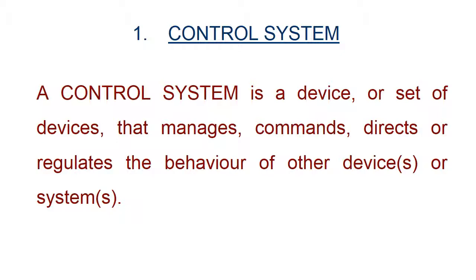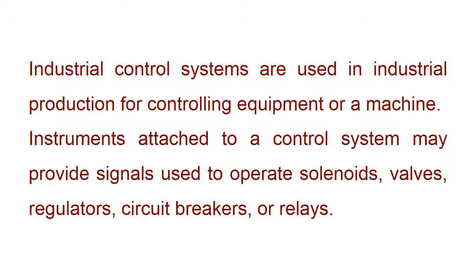A control system is a device or set of devices that manages, commands, directs, or regulates the behavior of other devices or systems. Industrial control systems are used in industrial production for controlling equipment or machines.